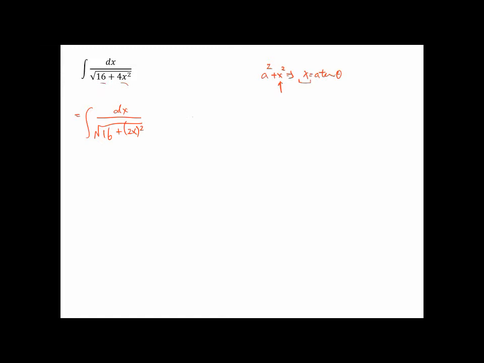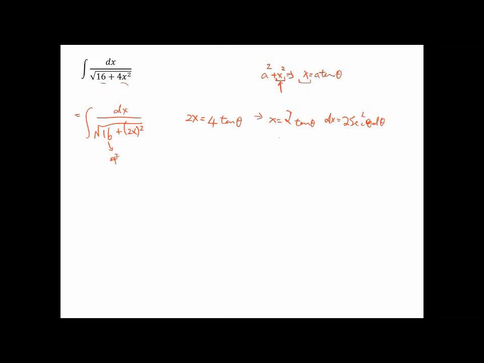And then in this case, 2x is simply my x here, right? For this single x. So 2x equals 4 tangent theta, because a is 4 squared here. So I solve for x equals 2 tangent theta. dx is 2 secant theta squared d theta.